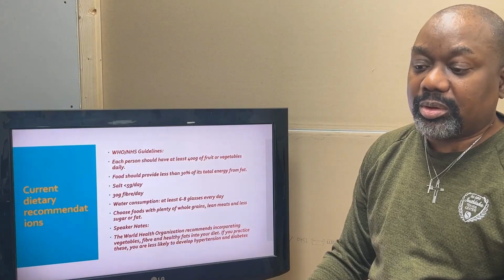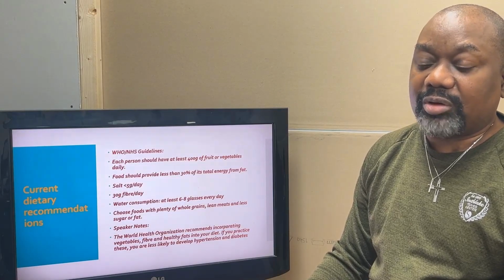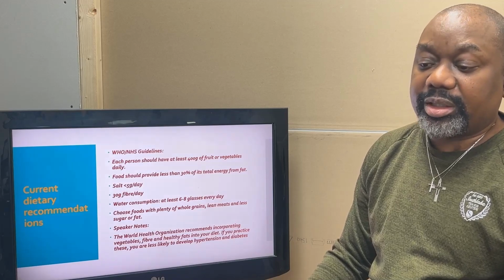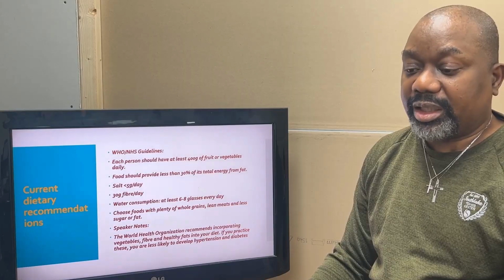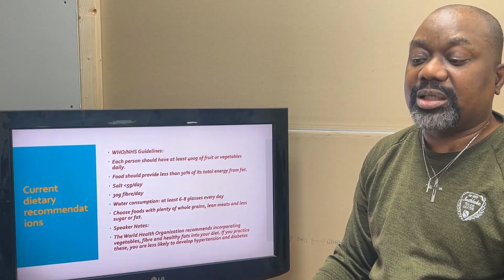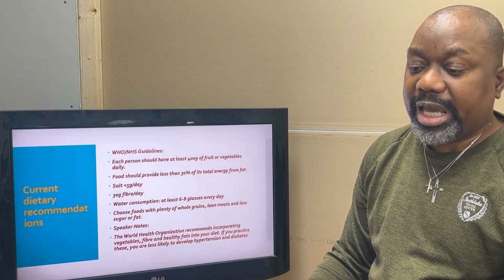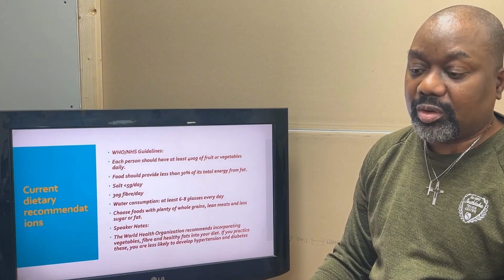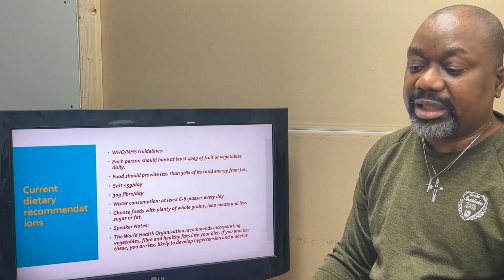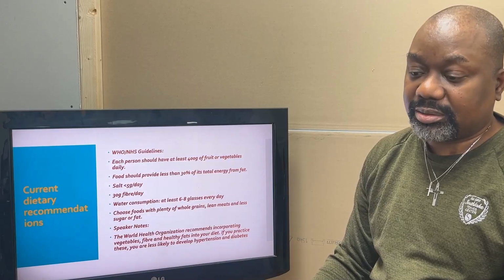We should eat less than 5 grams of salt daily, at least 30 grams of fiber daily, and drink at least 6 to 8 glasses of water every day. We should choose foods with plenty of whole grains, lean meats, and less sugar or fat.